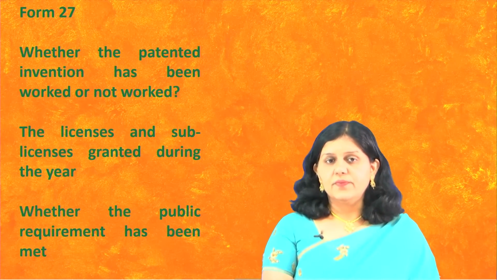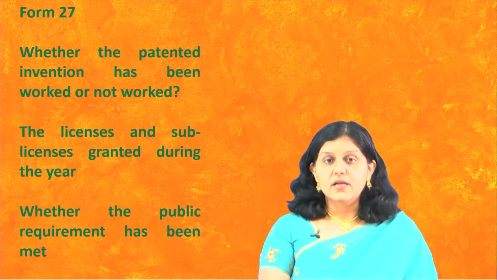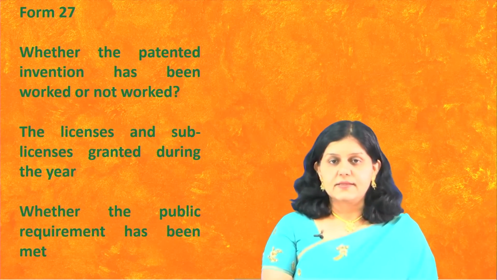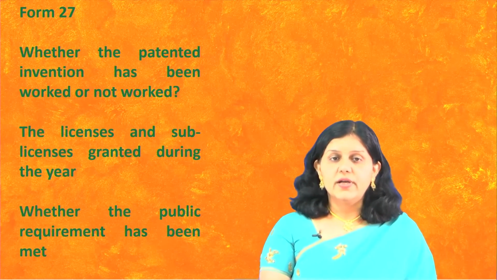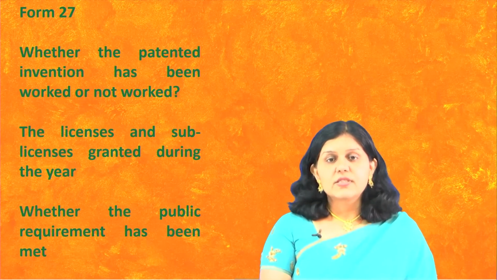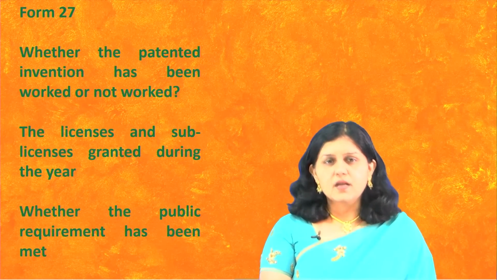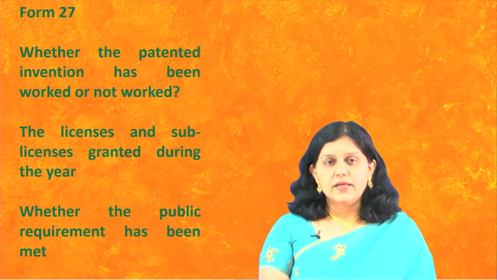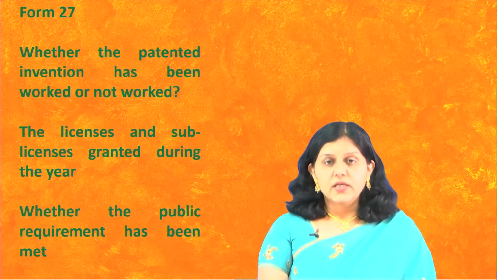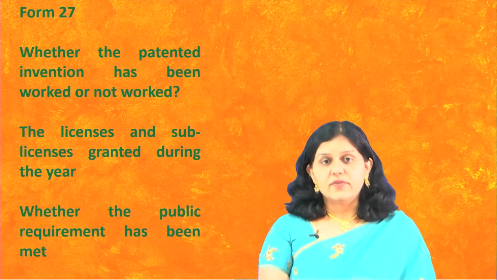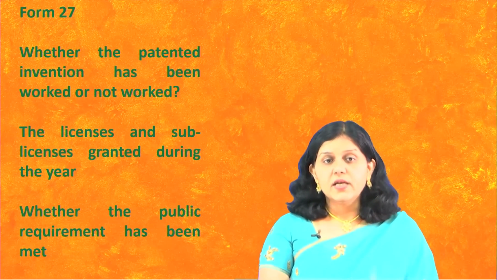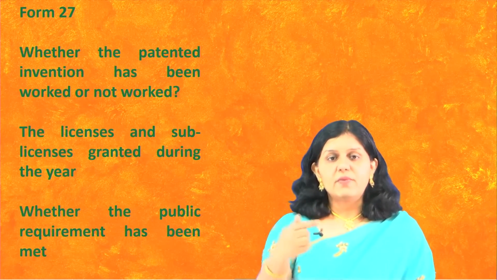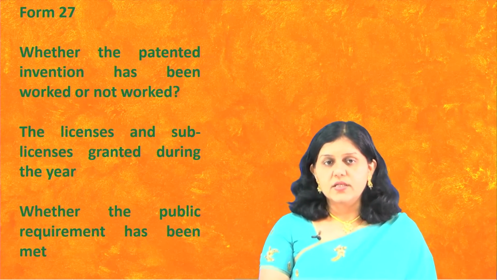Seeing this, that Bayer was not making the drug accessible to more people, NATCO applied for a compulsory license under section 84 of the Indian Patents Act, which was then granted by the Controller and upheld by the Bombay High Court. Such cases you will observe, and the information about the working of the patent is a mandatory requirement, and you have to give it yearly before March ending. Every applicant has to provide that to the patent office.